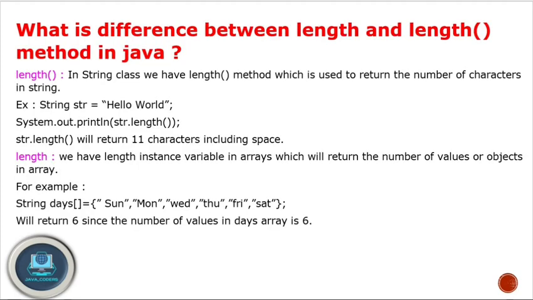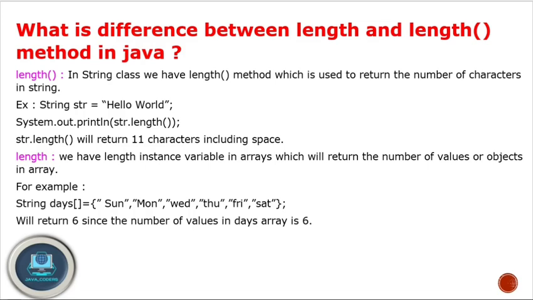What is the difference between length and length() method in Java? The length() method: in the String class we have the length() method, which is used to return the number of characters in a string. Example: String str = "hello world"; System.out.println(str.length()). It will return 11 characters including space.